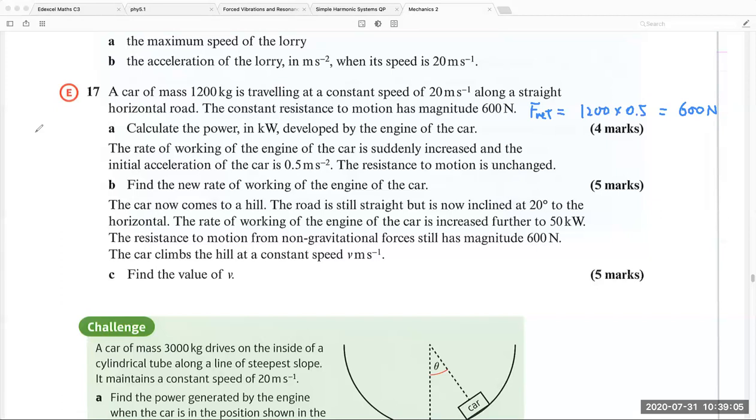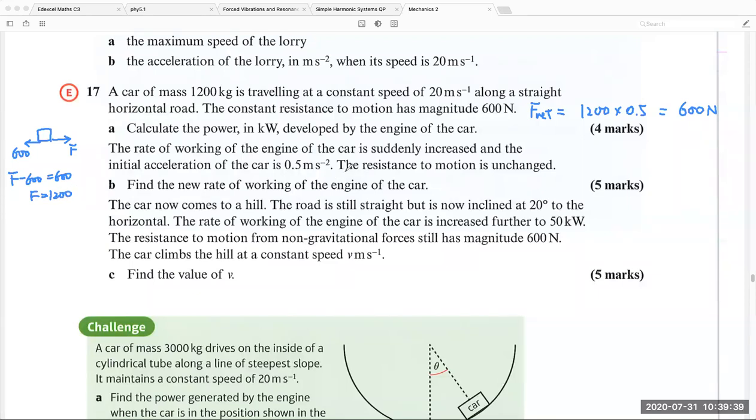So if you consider the free body diagram, there is a forward driving force. Let me label it as F. And then there is also resistive force, that's 600 backwards. So you know the net force is 600. That means that F minus 600 is equal to 600. Then you can get that the driving force is 1200.